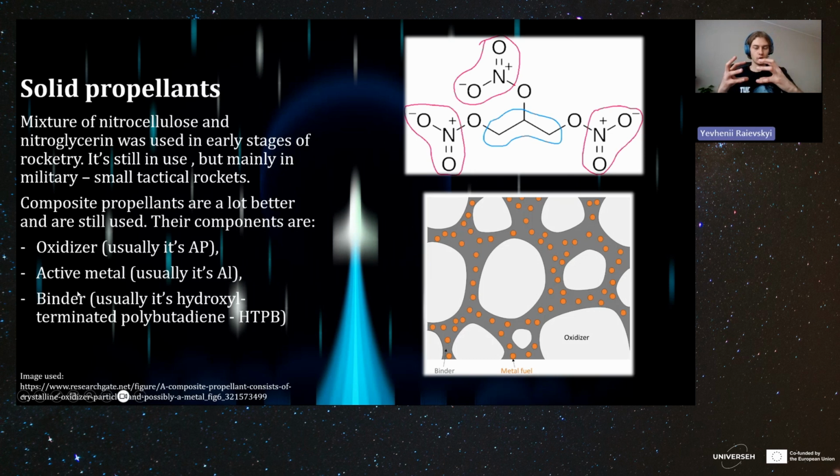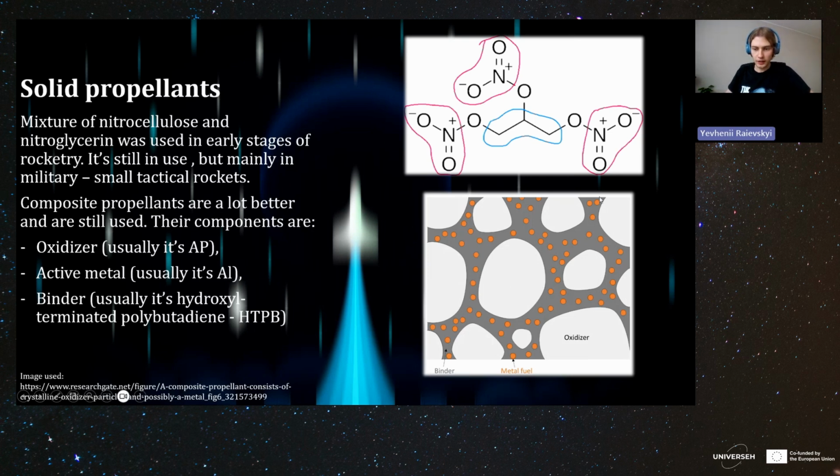And to bind those two components, oxidizer and active metal, here is shown: those orange circles are aluminium metal atoms, and this is the oxidizer ammonium perchlorate, those bigger regions.